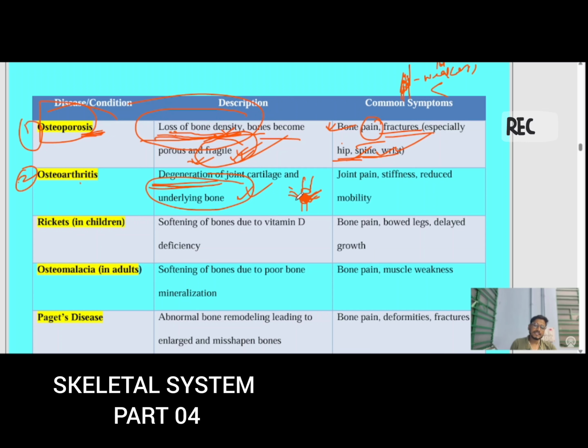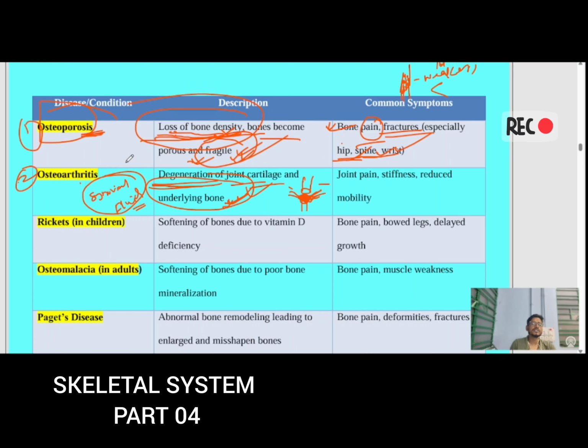So, the hyaline cartilage can degenerate for various reasons, mainly due to less synovial fluid. Why is synovial fluid less? We know that synovial fluid is less due to inactive people, due to sedentary lifestyle.